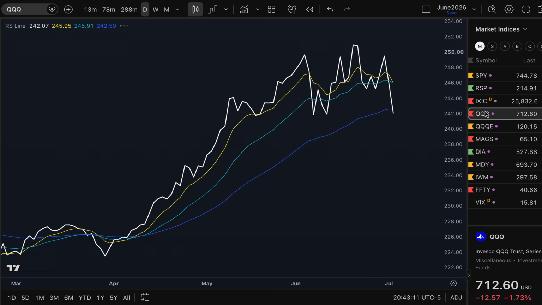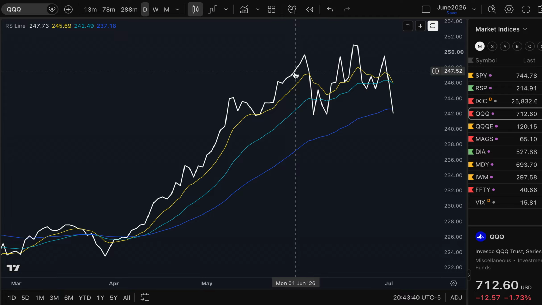So here, this is the RS line. RS stands for relative strength. Relative to what? Relative to our benchmark ETF, which is SPY, the S&P 500. This white line is the relative strength line, and what it does is it compares your price with the price of SPY.